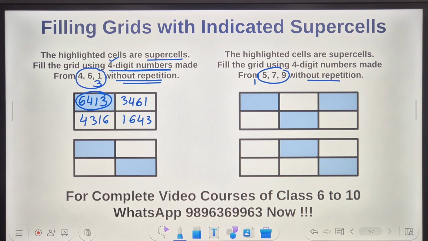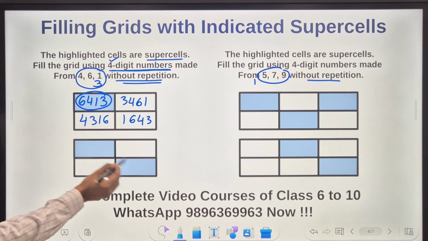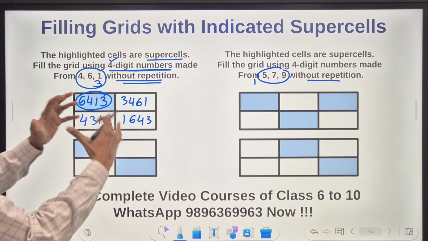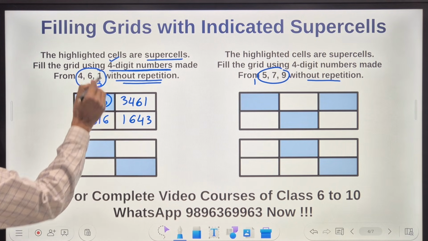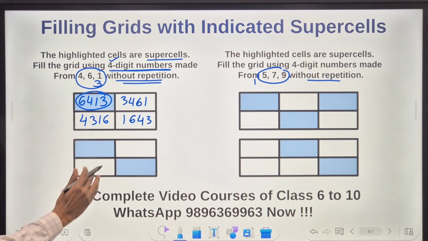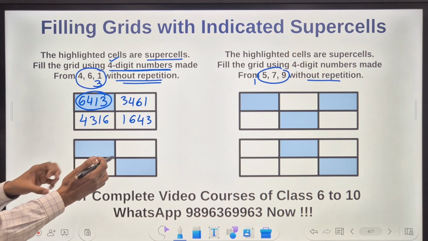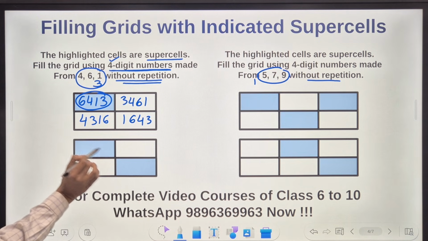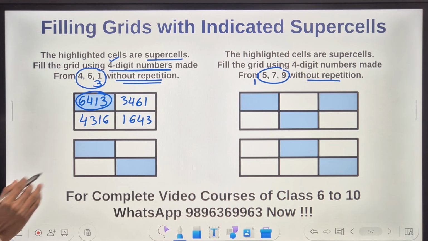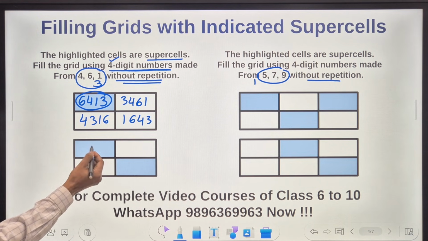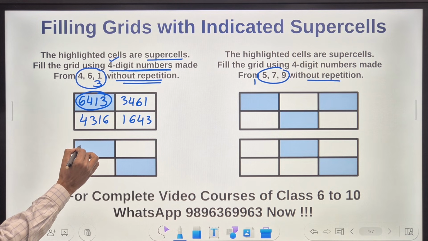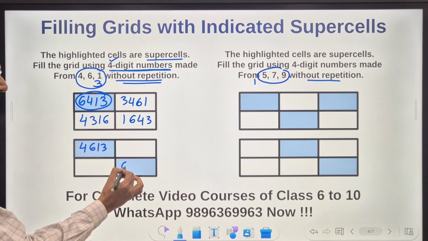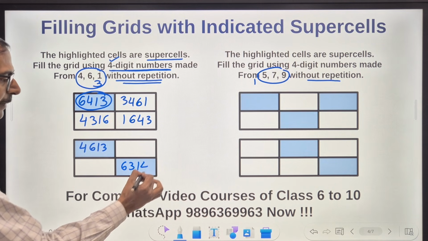Now likewise, if I want this and this to be supercells and these to be non-supercells, then the student will be required to frame numbers out of 1, 3, 4, 6 by rotating the digits and putting some 4-digit numbers here, so that only these two are supercells. For that, let's make big numbers here. Suppose I have a 4, 6, 1, 3 here and a 6, 3, 4, 1 here.